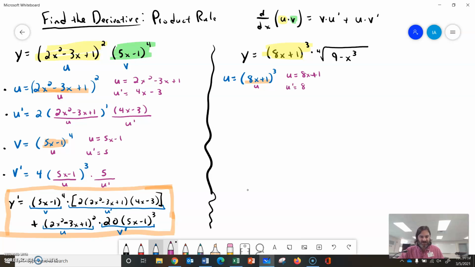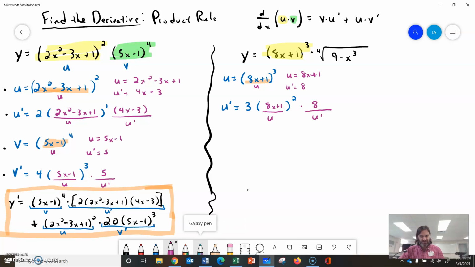So when I decide to write out the u prime from the product rule, I will have basically u cubed, so the 3 will come out front. I'll have a quantity, it'll be down to the second power, and then I'll have u inside, and I'll have u prime on the outside. So that'll be 8x plus 1 on the inside and 8 on the outside, and I'll probably make that 24 a little bit later.